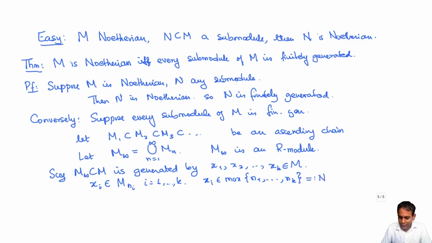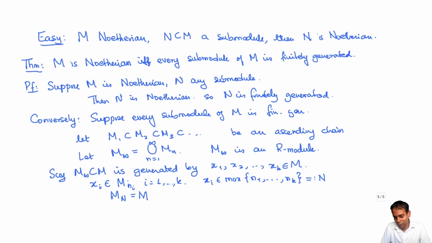So all the xi's belong to Mn, but these xi's generate M infinity, so that means that Mn is equal to M infinity. It cannot be any smaller because these elements x1, x2, ..., xk generate M infinity and they're all in Mn.